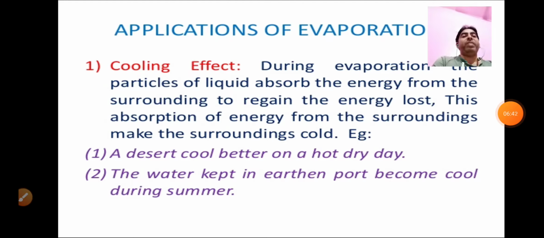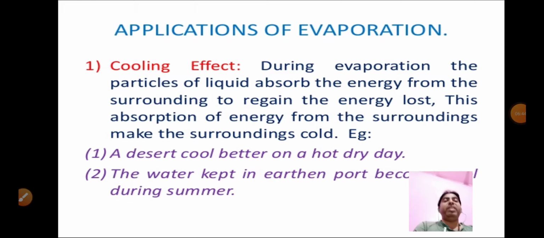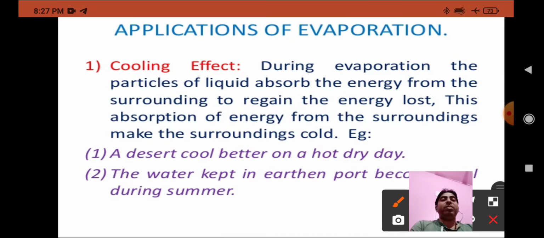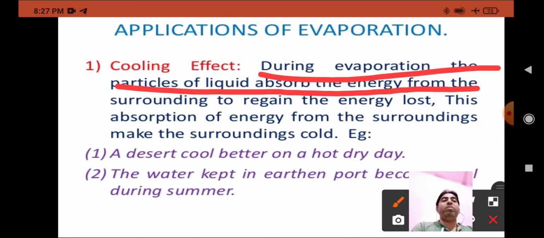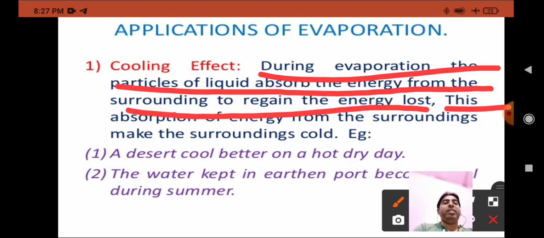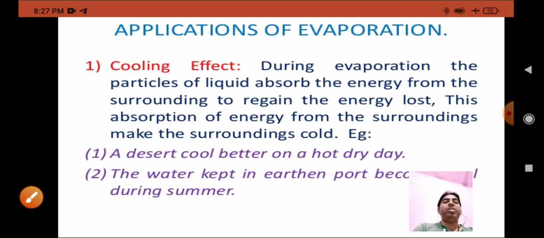The first is the cooling effect. During evaporation, the particles of the liquid absorb heat from the surroundings to regain the energy lost, and this absorption of energy makes the surroundings cold, like a desert cooler working better on a hot dry day.